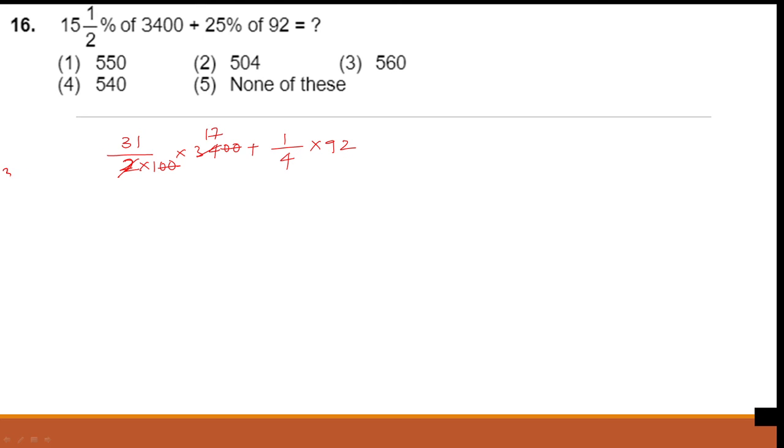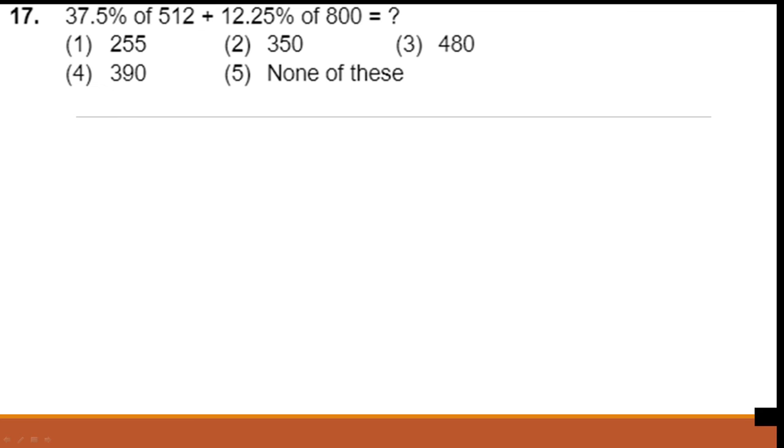Now 31 into 17. How to write 31 into 17? 10 plus 7, that is 310, and 7 31s are 217. Okay, so now the answer is 527, and 4 in 92, that is 23 times. So we need to add 23 here. Now the answer is 550. Is that clear? So 550 is the answer. Okay, so yes. Next one.